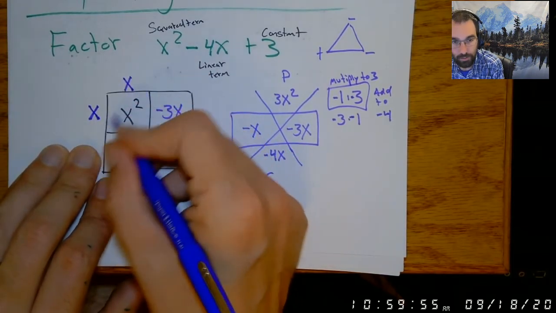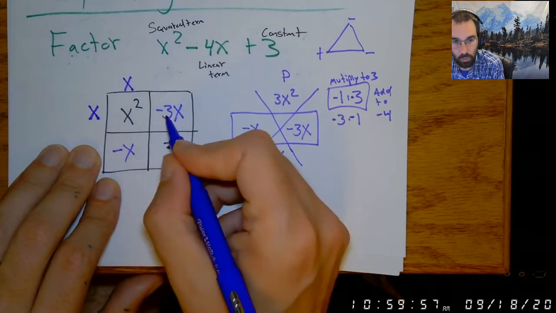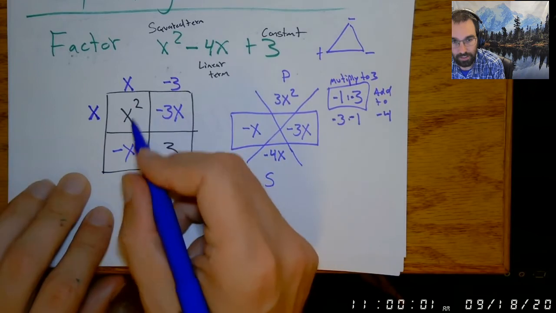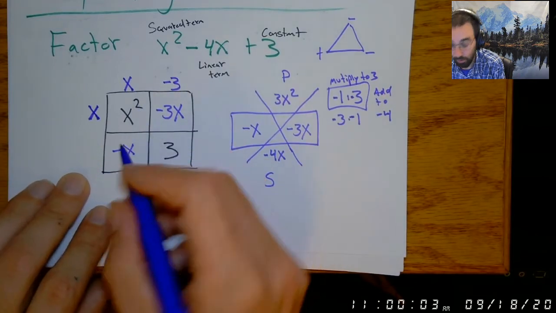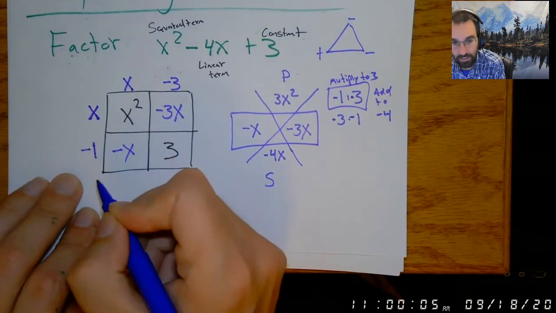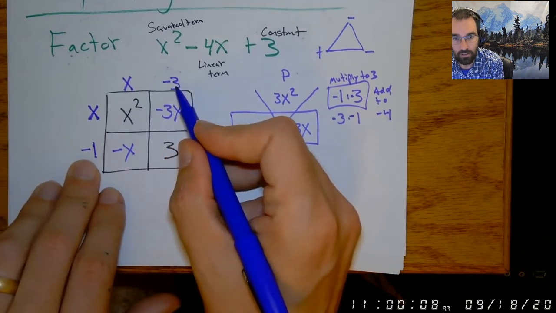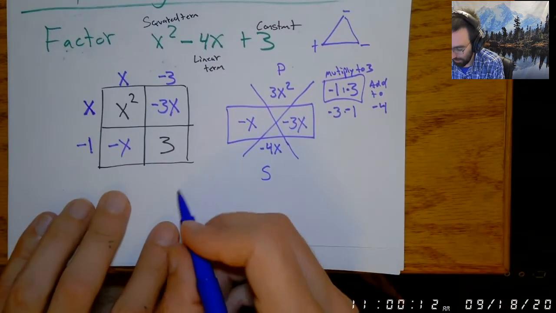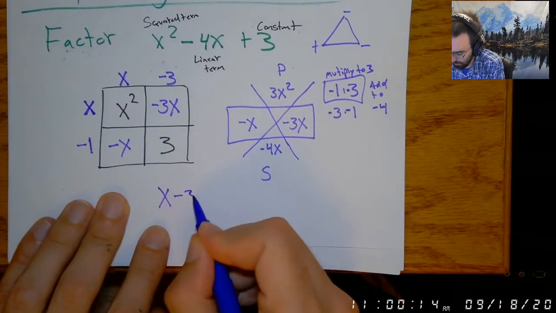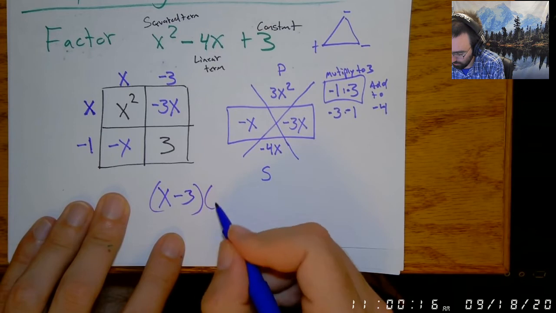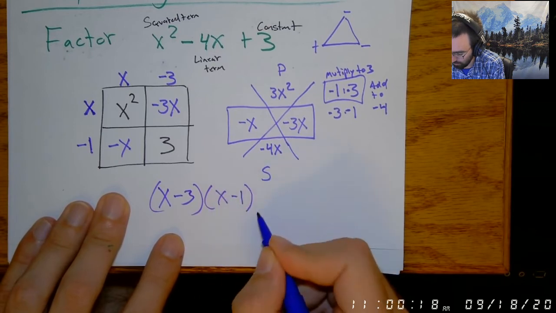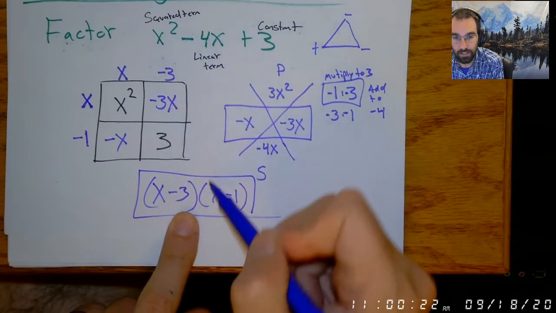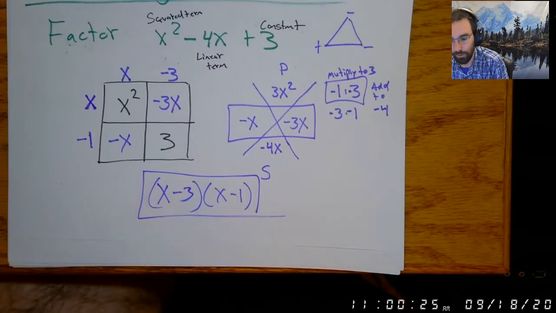Well, x times x. x times what gives me negative 3x? Negative 3. And then x times what gives me negative x? That's negative 1. And then let's double check. Negative 1 times negative 3 is positive 3. That feels good. And just as class ends, I get x times 3x minus 1. Okay, so this is the same as this, just in factored form.